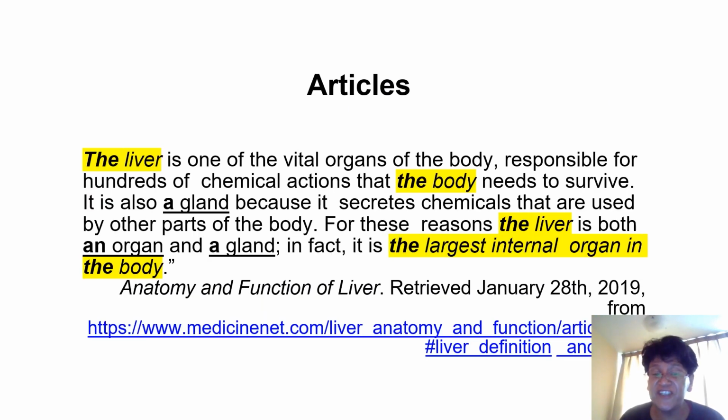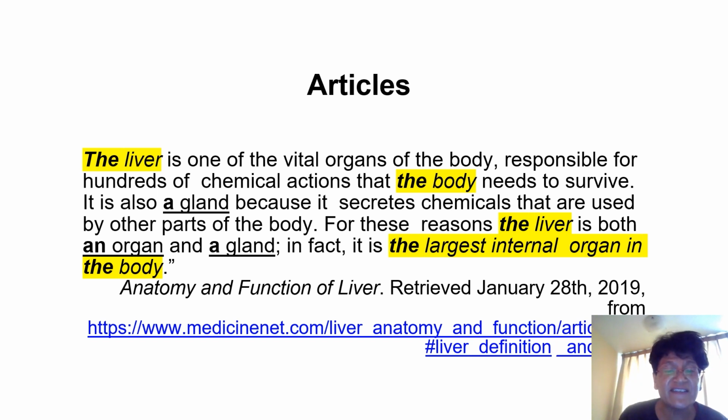Articles can be definite, the, indefinite, a or an, or zero article. In this little text, the liver, the body, and the largest internal organ in the body, the article the is used to make liver, body, and organ definite for both speaker and listener, in the sense that both speaker and listener think about the same specific thing.